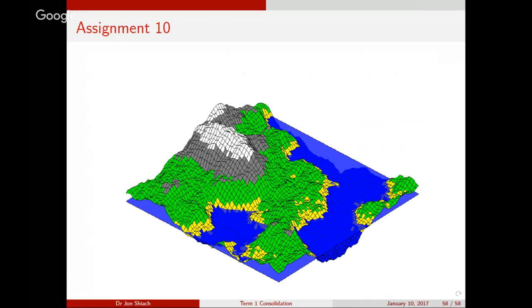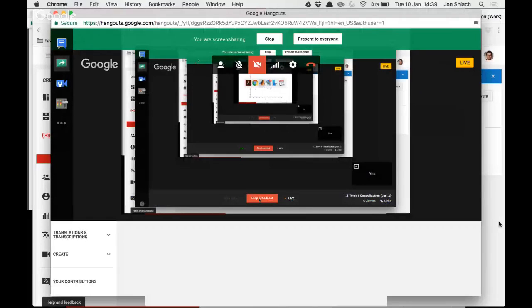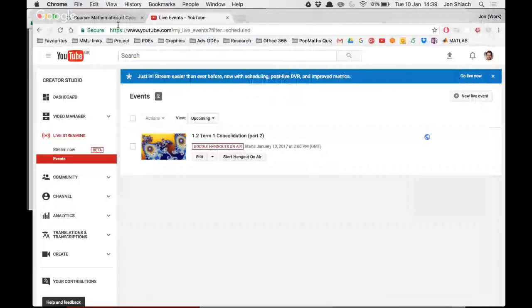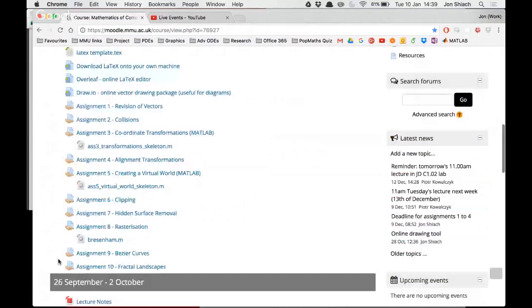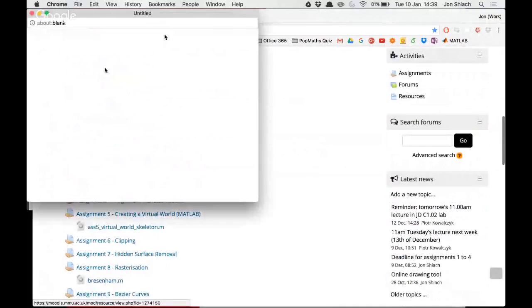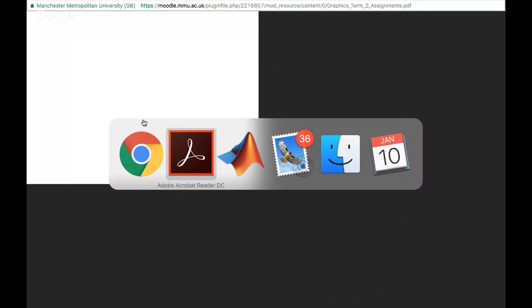So, for example, if I just bring up, let's have a look at some of the. Oh, I think my MATLAB is really slowing this down. Is it still going round? It is.